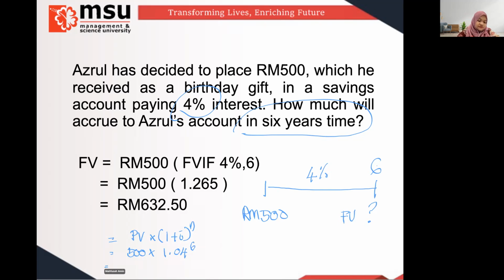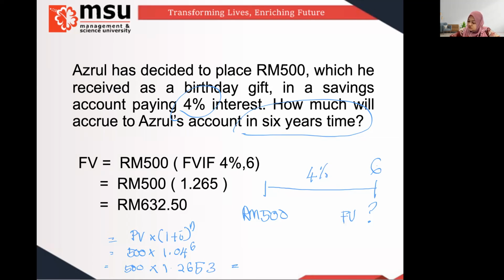So 1.04 to the power of 6 is equal to 1.265319018. So we just take up to 4 decimal, 1.2653. Okay, so answer multiply with 500.